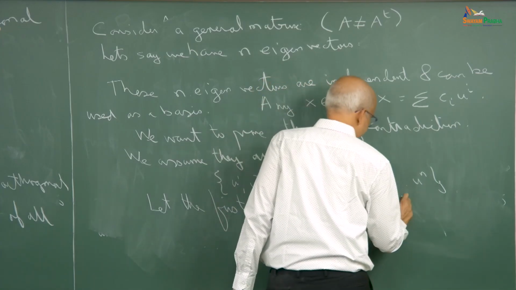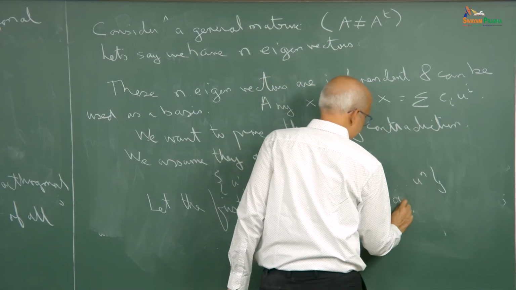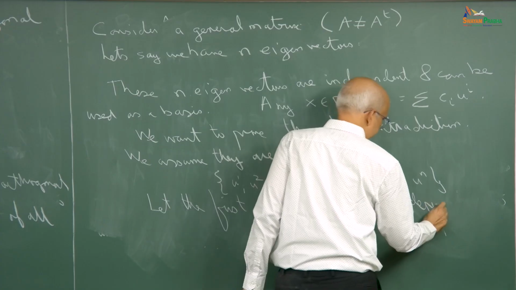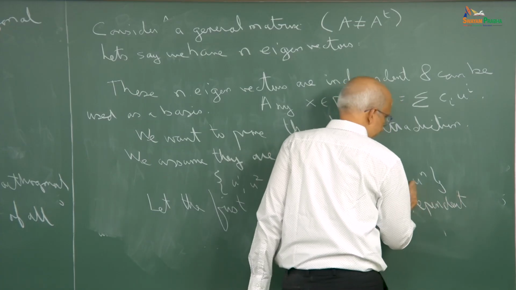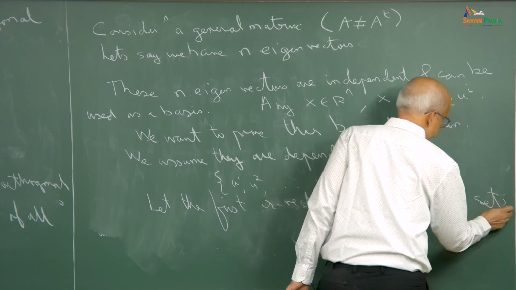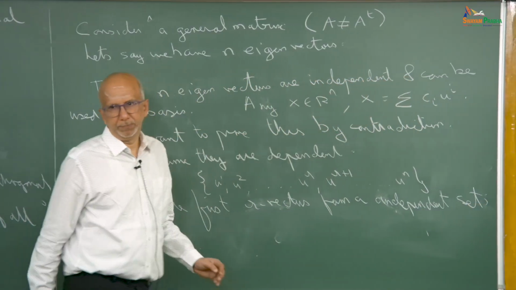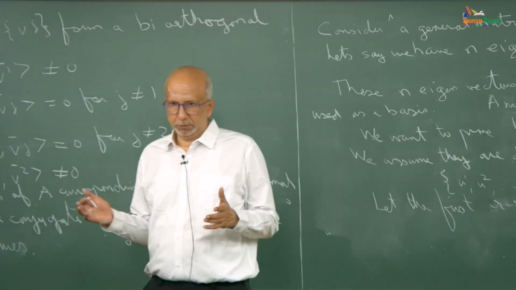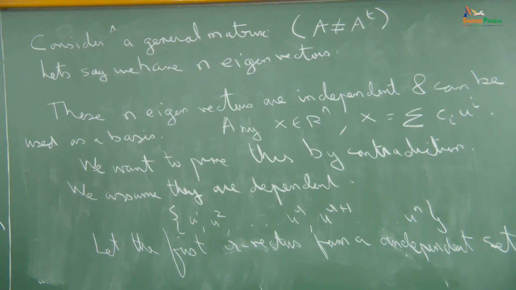Okay. So, I have n vectors of which the first r are independent, and therefore, all the others can be written as a linear combination of those, correct.